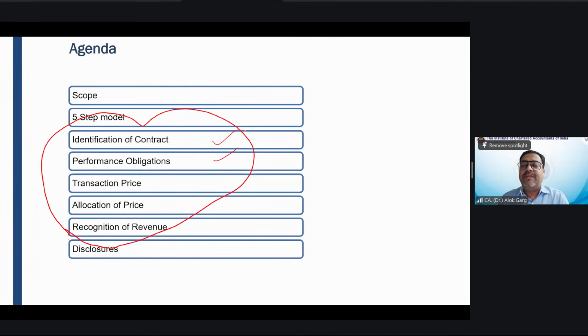For example, I am a company, and I have purchased five of the same mobile phone from Samsung, same model, same price, everything is the same. But tell me whether these five mobile phones are distinct or not distinct. These five mobile phones are distinct.